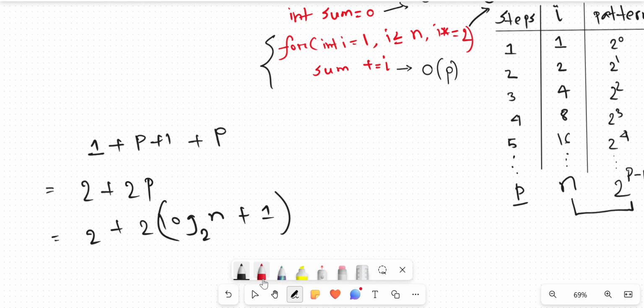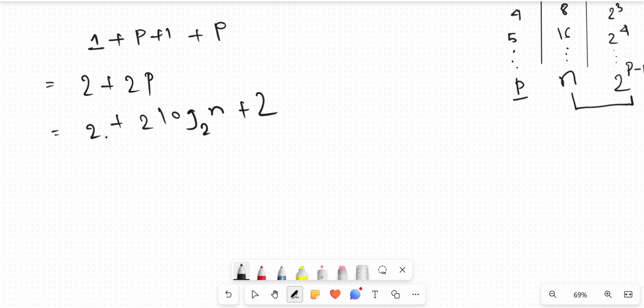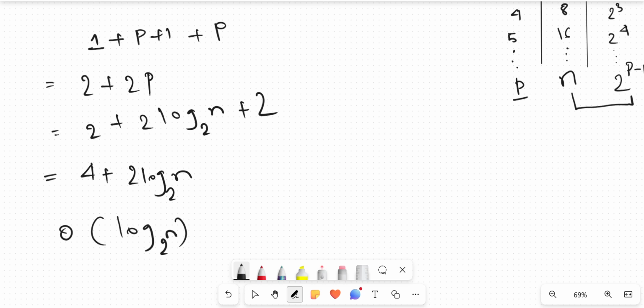So if we multiply it by 2, it can be written as plus 2, and it becomes 4 plus 2 times 2 base log n, which is order of 2 base log n. So this is my answer.